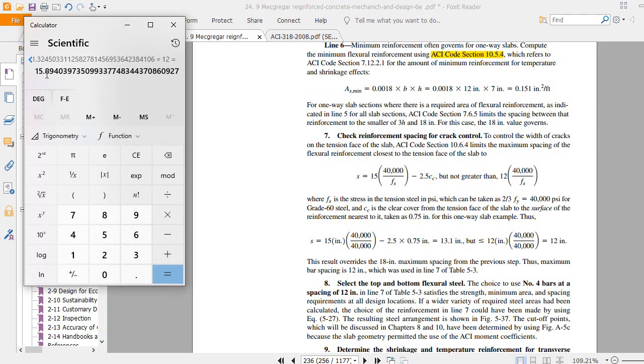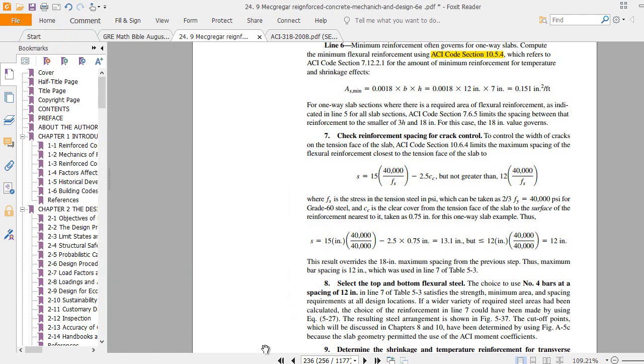This is the calculated value of spacing, but as this spacing is more than 12 inches, although it is less than 18 inches, ACI criterion 10.6.4 says your spacing should never be more than 12 inches. That's why we are bound to use 12 inches. Clear? And the result overrides the 18-inch maximum spacing from the previous step. Thus, the maximum bar spacing is 12 inches, which was used in lines 7 and 8.